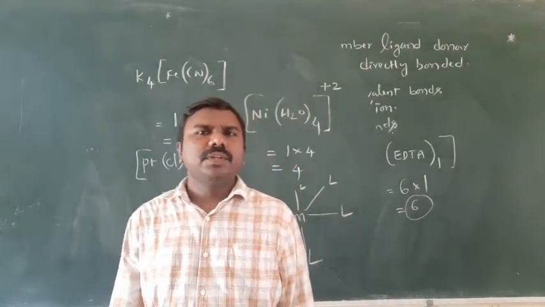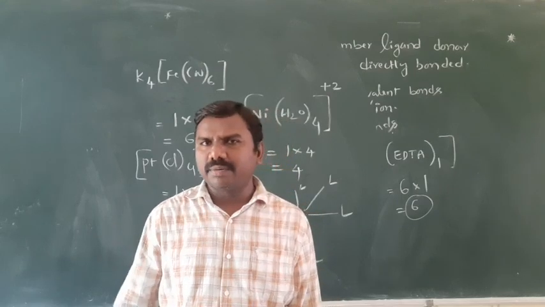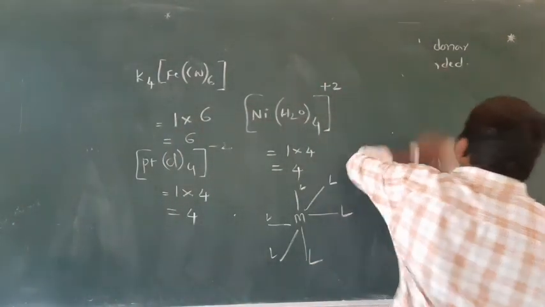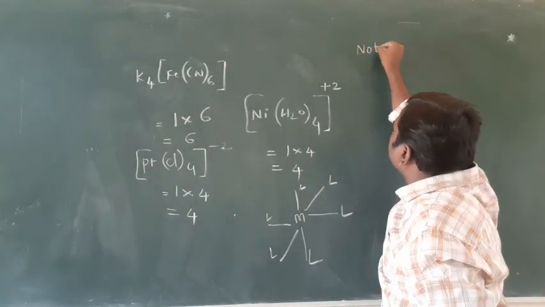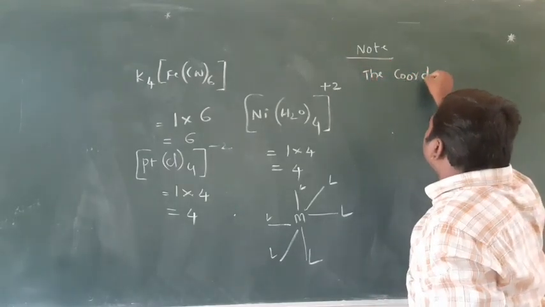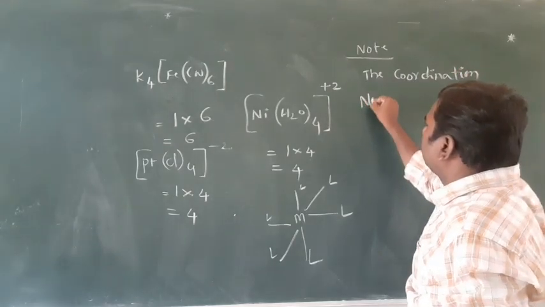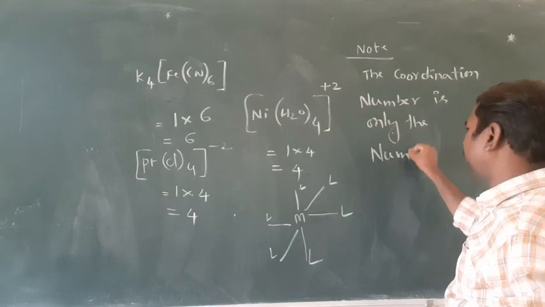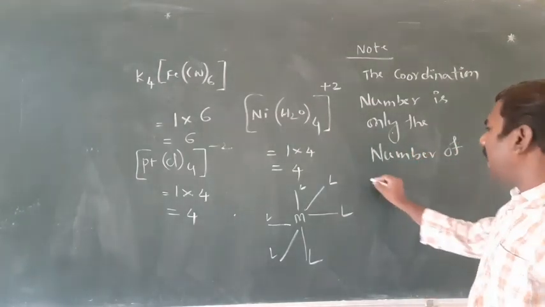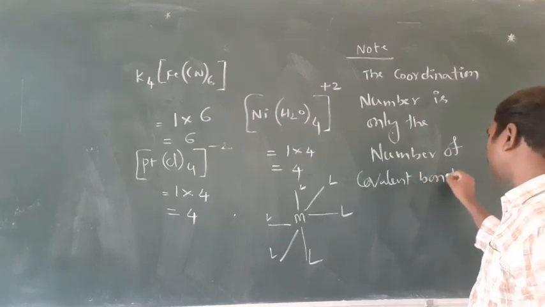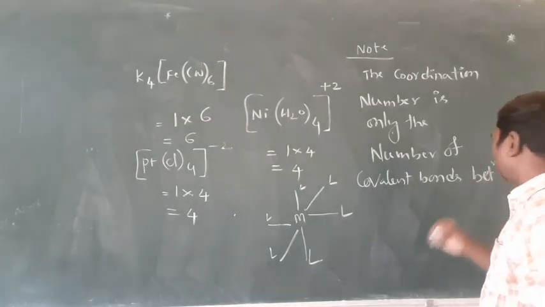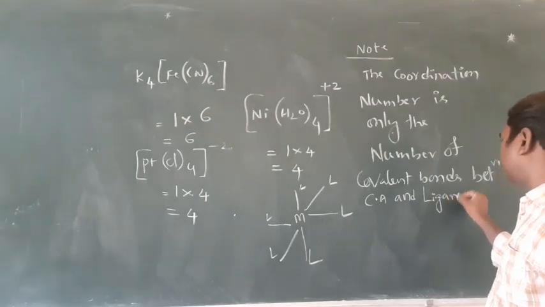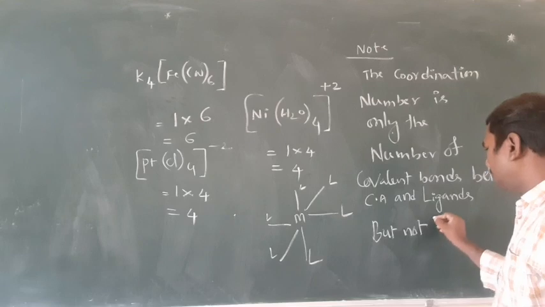Now note this point: the coordination number is only the number of covalent bonds between the central atom and ligands, but not pi bonds.